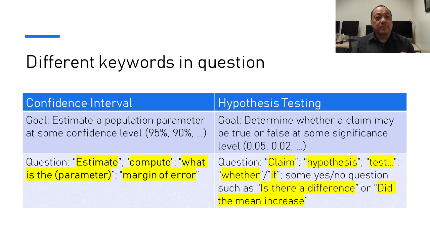For HT, because we're testing a claim or hypothesis, the word claim or hypothesis tends to show up in the question, or the words test and whether or if, because we're looking to see whether something is true. The question can also sound like a yes-no question, such as, is there a difference? Or did the mean increase?